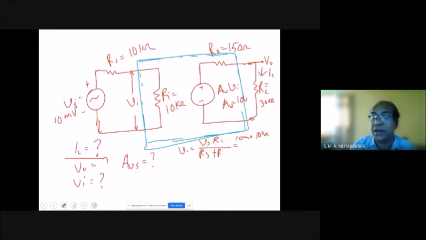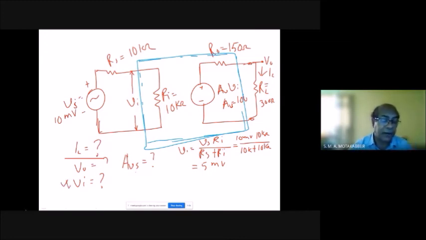Sometimes we don't write the ohm symbol, K means kilo ohms. Divided by RS, which is 10 kilo ohm, plus again Ri, also 10 kilo ohms. If you calculate, this value is equal to 5 millivolt. So already we have done one calculation.